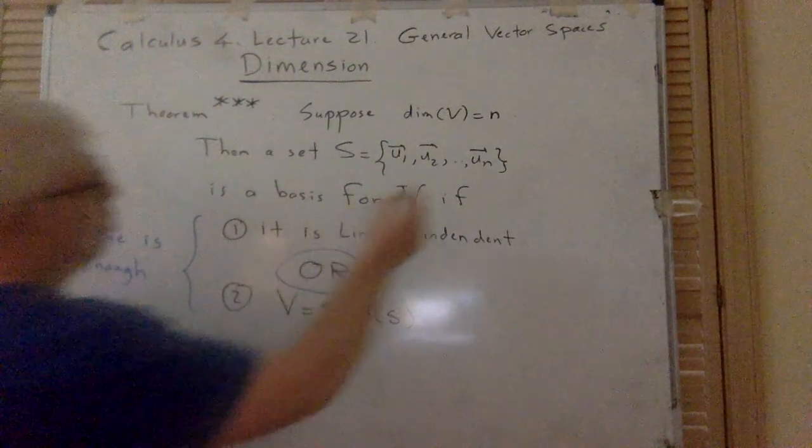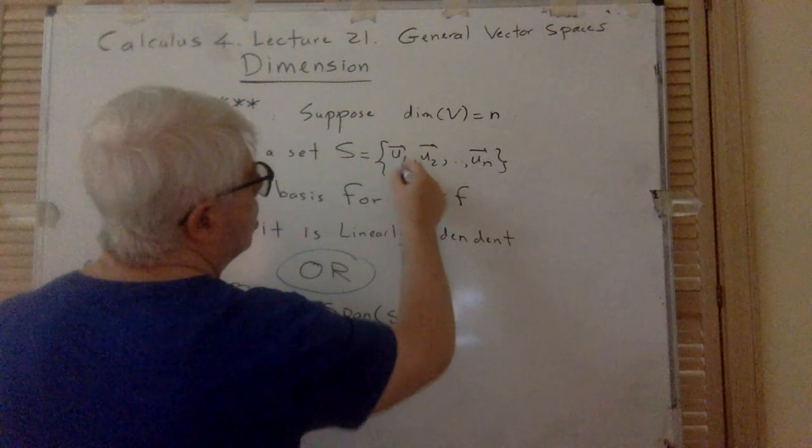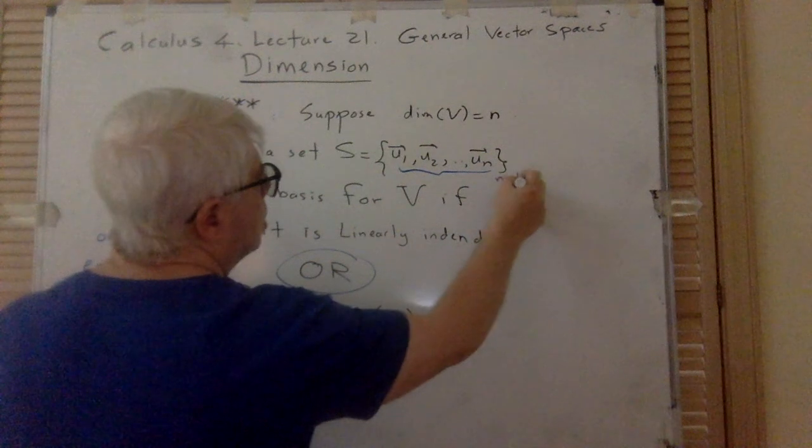Why is one enough? Because this has n elements. It has n elements.